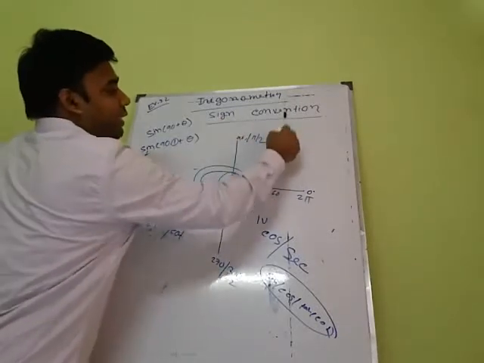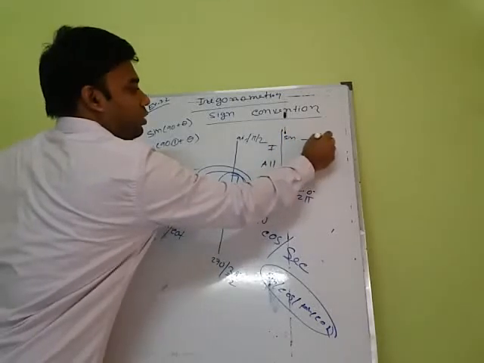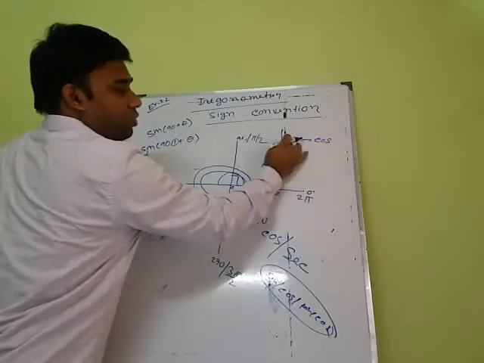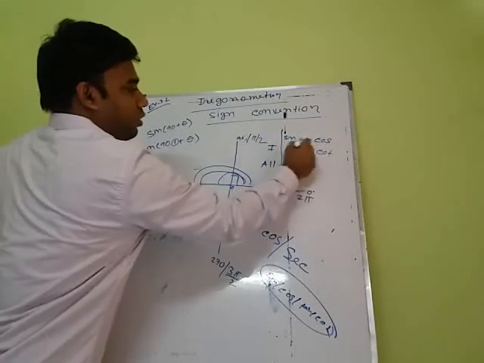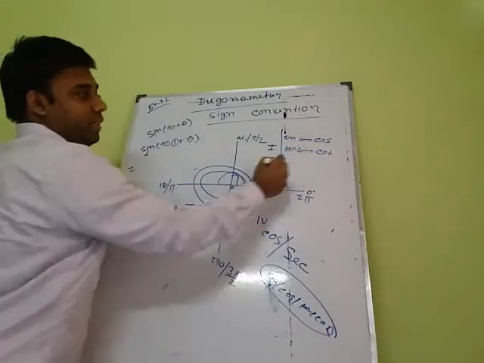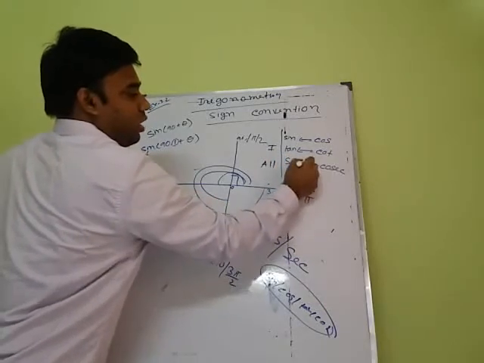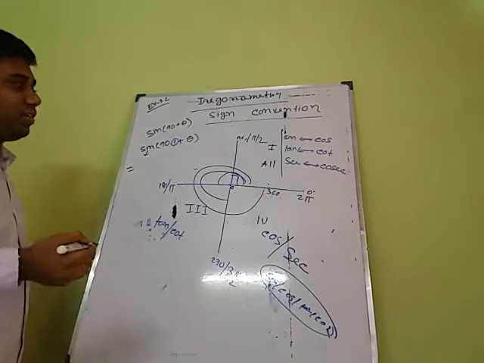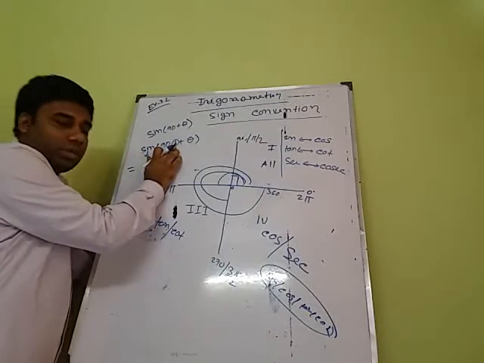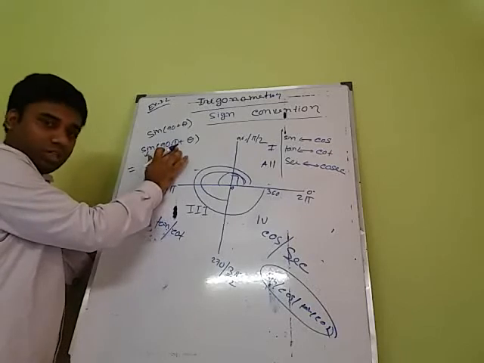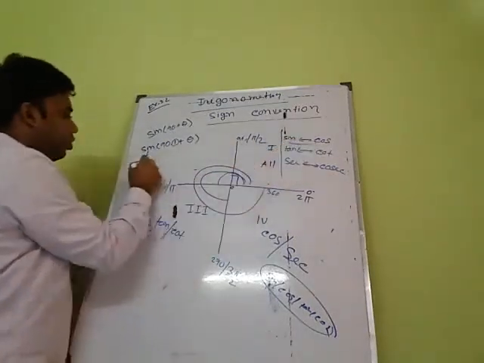So I am writing the conversion table: sine changes into cos, and cos also changes into sine; tan changes into cot, cot also changes into tan; and sec changes into cosec, and cosec also changes into sec. As 1 is an odd number, from the conversion we get cos theta.